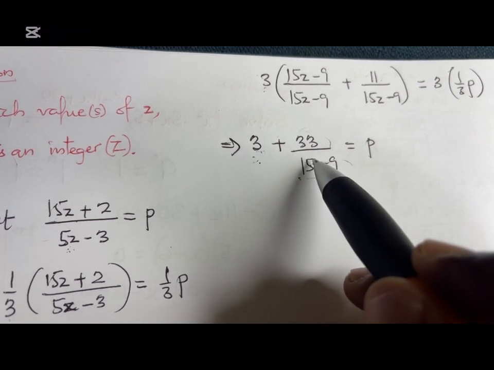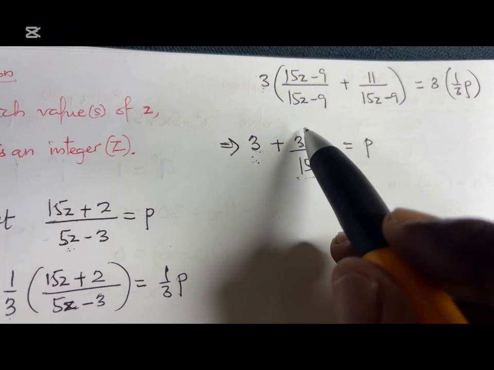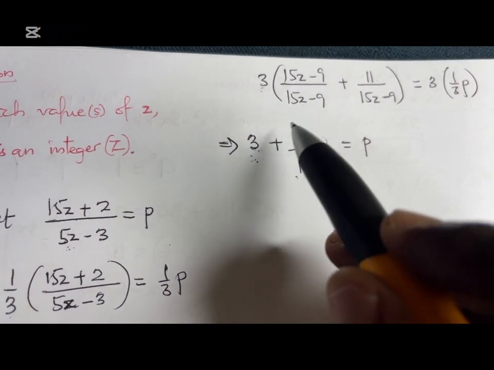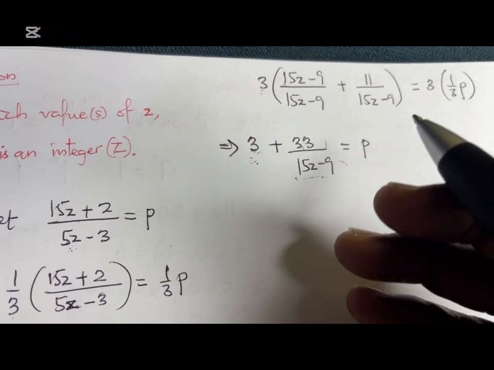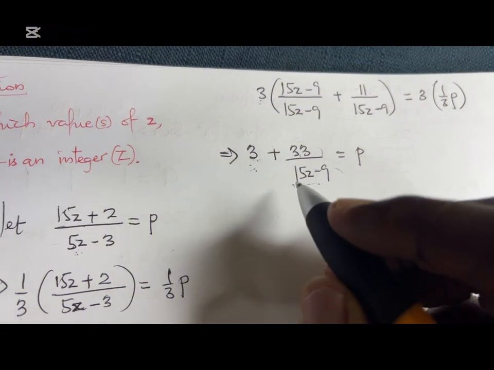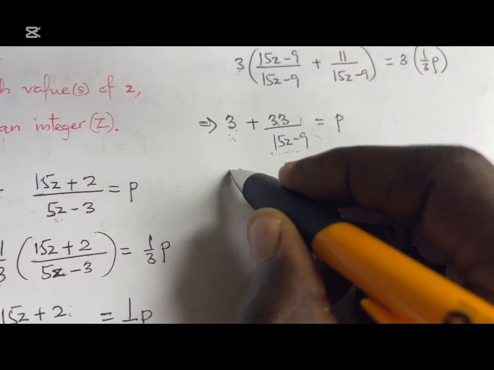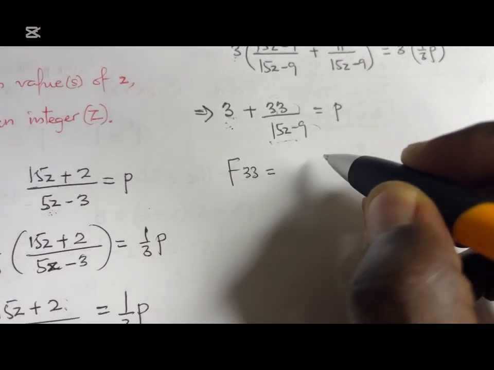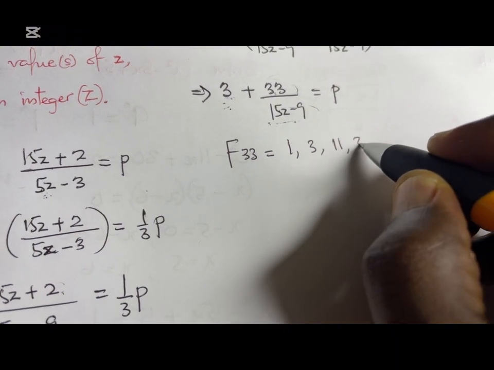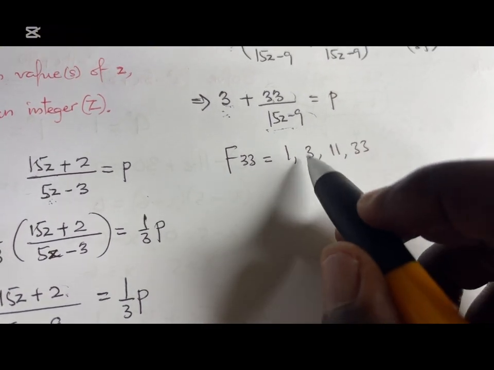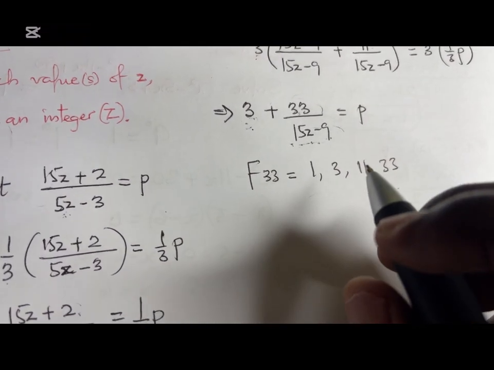The denominator should be a factor of 33, so that we get an integer here, which can be added to the 3 to get another integer. So for 15z minus 9 to be a factor of 33, the factors of 33 are 1, 3, 11, and 33. So we equate 15z minus 9 to all these, and that will give us the values of z. And that's all.